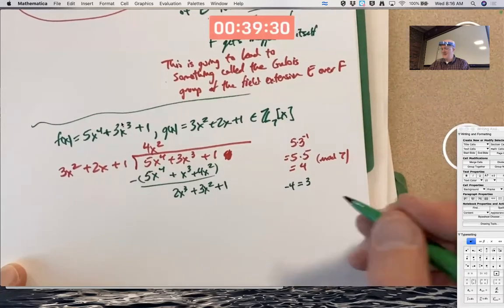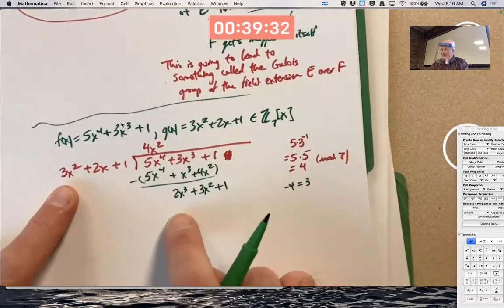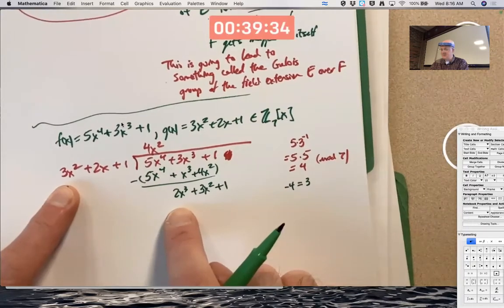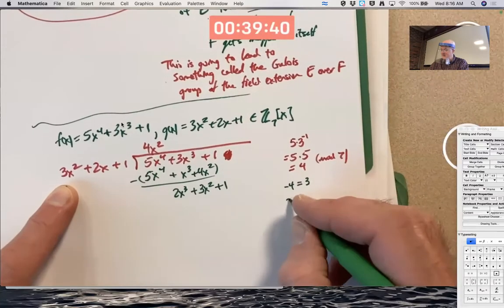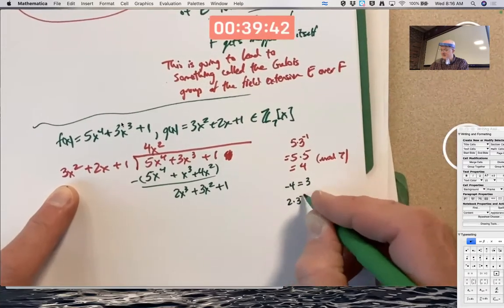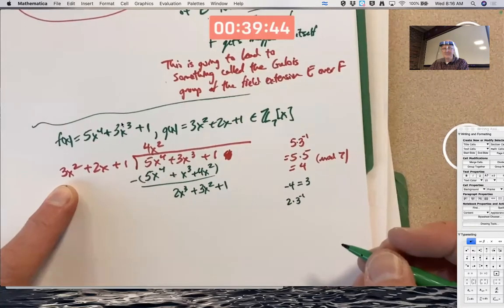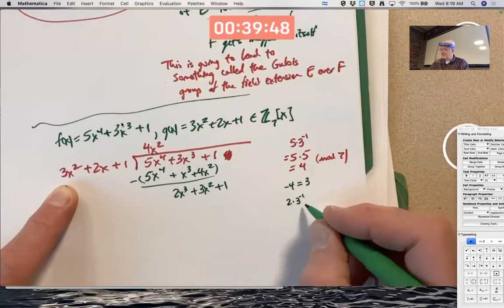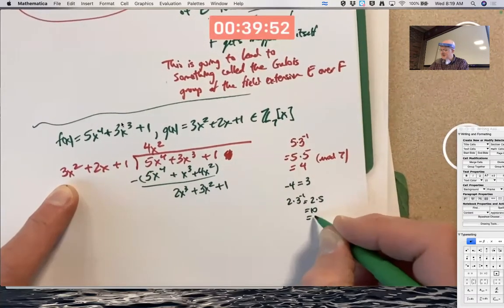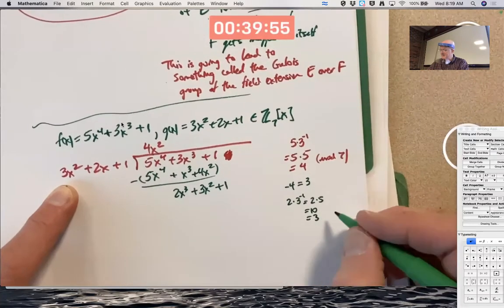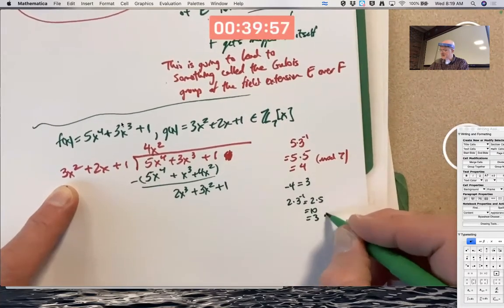Next step, what do I have to multiply 3x squared by to get 2x cubed? Well, there will be a factor of x. It technically will be 2 times the multiplicative inverse of 3, right? Yep. And we've already seen the multiplicative inverse of 3 is 5 mod 7. So 2 times 5 is 10, which mod 7 is 3.